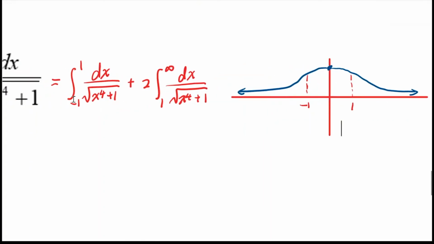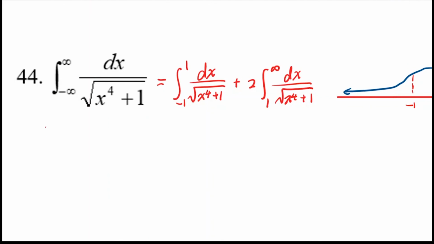So this piece is from here to here. You get it? And then this piece is this thingy and that thingy using symmetry. How about that? Do you see they're all there? Okay, then all I have to do is, this is definitely a finite number, so all I have to do is just show that this is convergent. You know what I'm saying? So I'm going to do that.